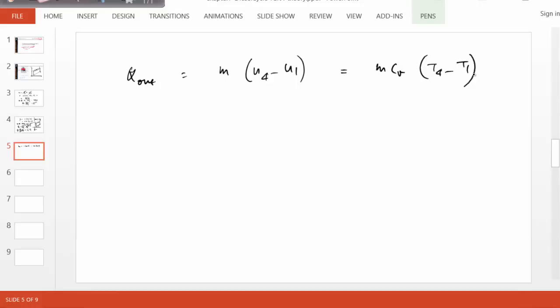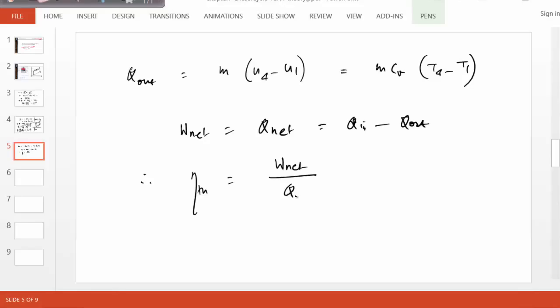So now that we know the temperature and Q in and Q out, we can find net work equals net heat, which is Q in minus Q out, and therefore thermal efficiency can be found from Q net over Q in. Notice that finding W net directly is more difficult in a diesel cycle.